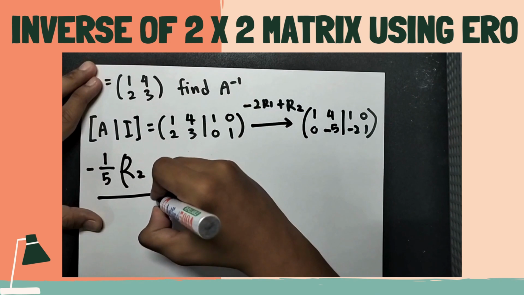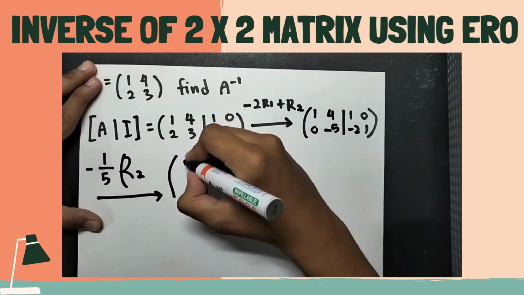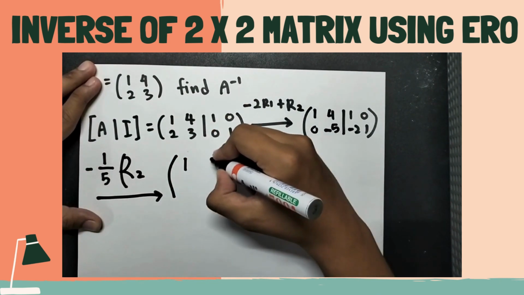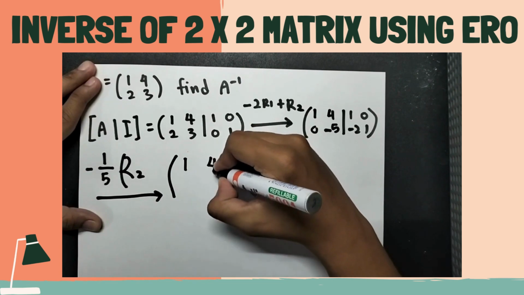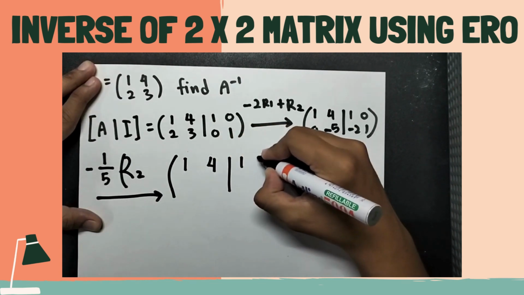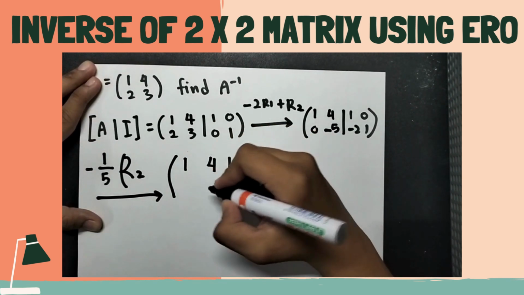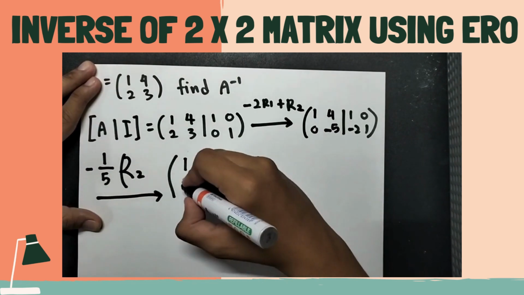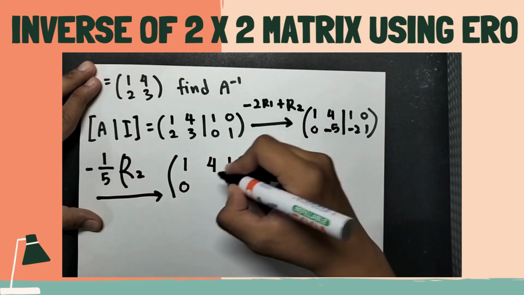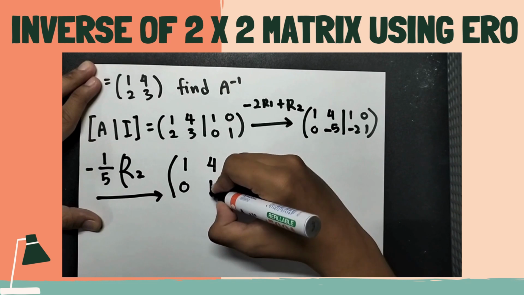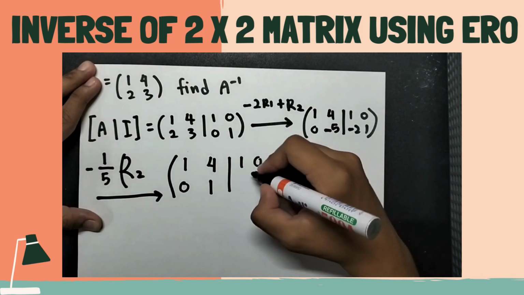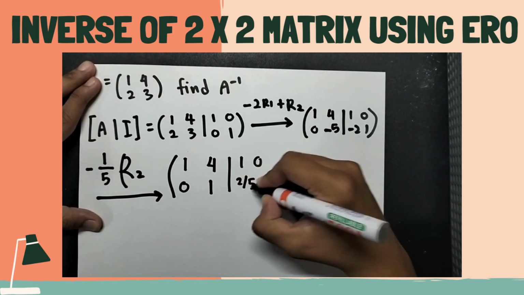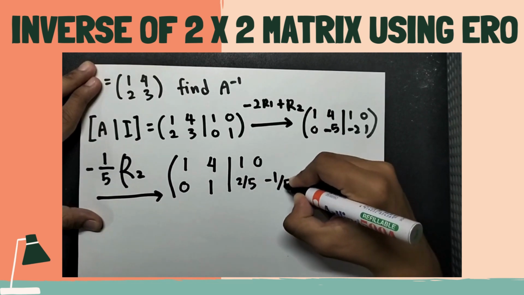Row 1 will remain the same, and row 2 will follow this equation, which will make it 0, 1, 2 over 5 and negative 1 over 5.